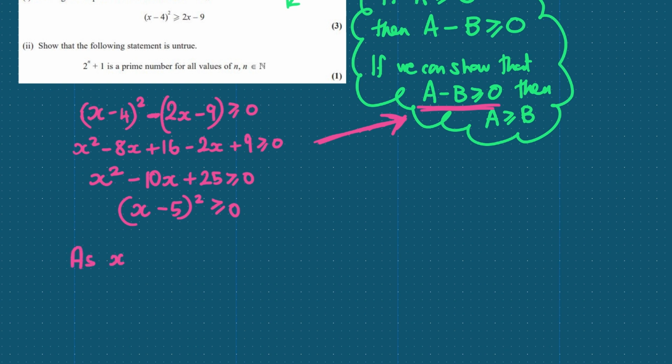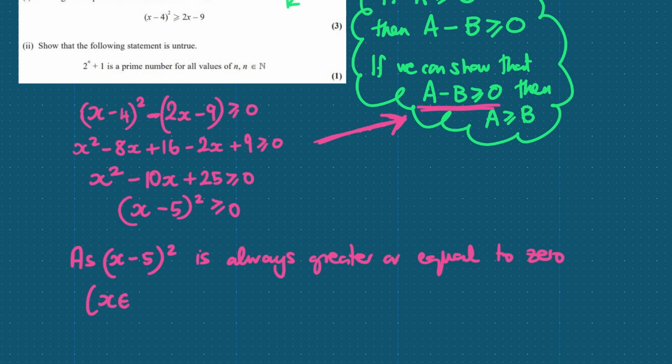As x minus 5 squared is always greater or equal to 0, and we could say for any real value of x, therefore x minus 4 all squared must be greater or equal to 2x minus 9. So that there is how we deal with I.